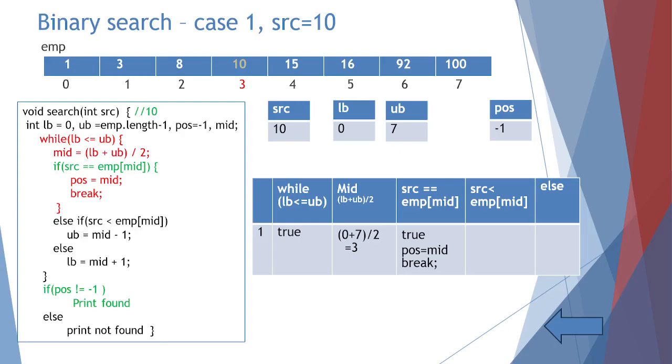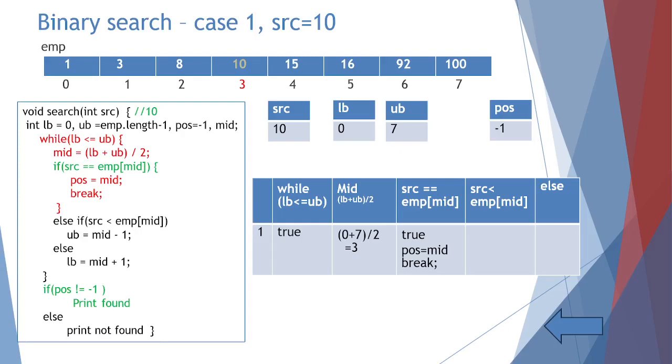Program and dry run we see simultaneously. And position is minus 1. While LB less than equal to UB: LB is 0, UB is 7, true. So in the dry run, first iteration, true, LB less than equal to UB. Then immediately we need to calculate mid. Mid is equal to LB plus UB divided by 2. That is 0 plus 7 divided by 2 is 3.